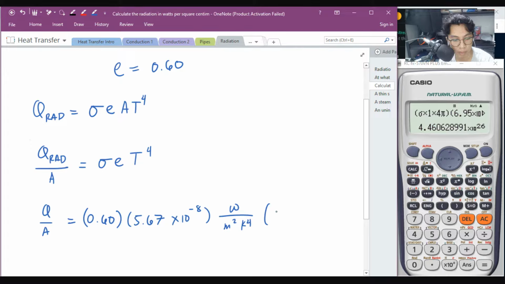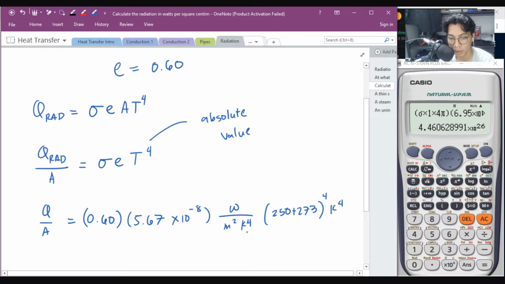But make it an absolute value. This should be absolute value. So, convert it: 250 plus 273, to become degrees Kelvin to the fourth. We cancel all the same units. What are we looking for here? Centimeter squared.